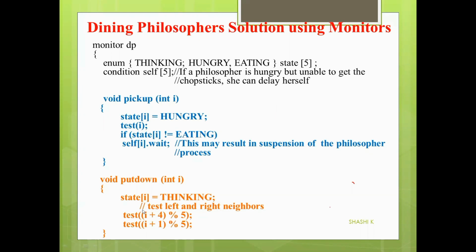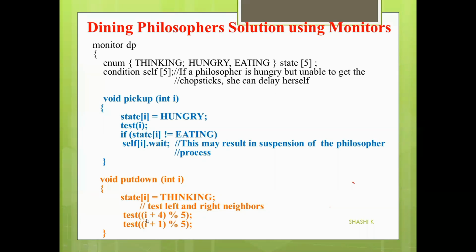Okay, state of I. So he will execute the test procedure on the left philosopher. Why? Because he is trying to give a chance to his left philosopher and the right philosopher. Left philosopher, as I told you before, is indicated by I plus 4 mod 5, and right philosopher is indicated by I plus 1 mod 5.